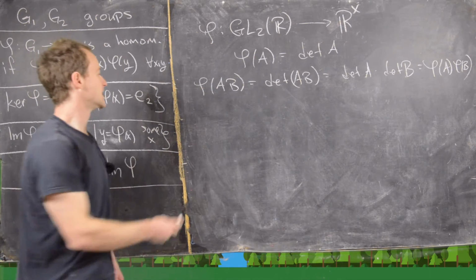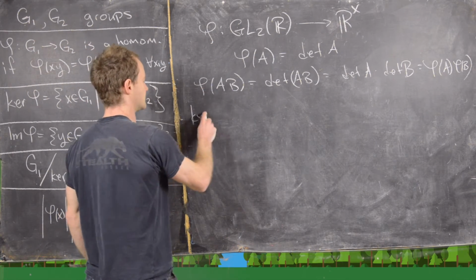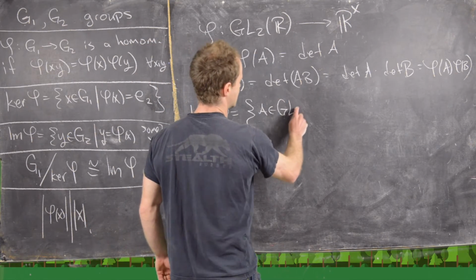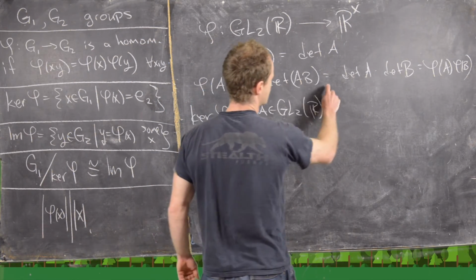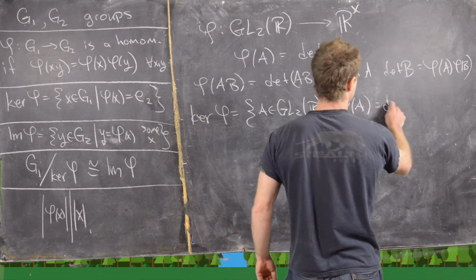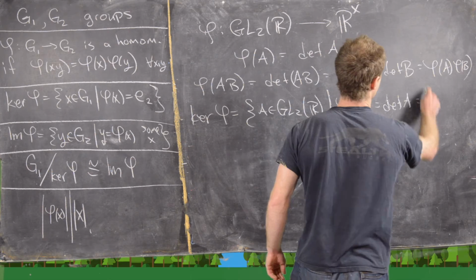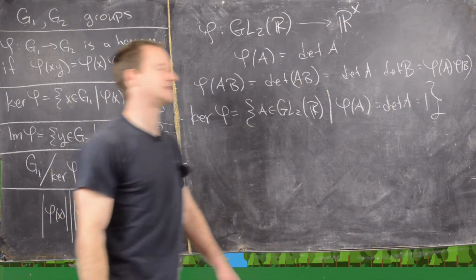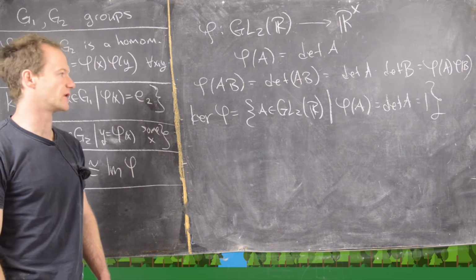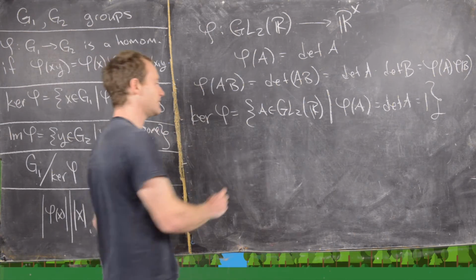Great. And then the kernel is going to be all A in GL2(R) such that phi of A, which is equal to the determinant of A, is equal to 1, because that's the identity over there in the multiplicative group of non-zero real numbers. But there's a name for this.